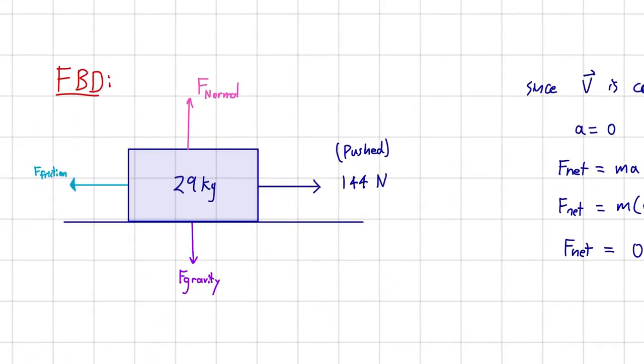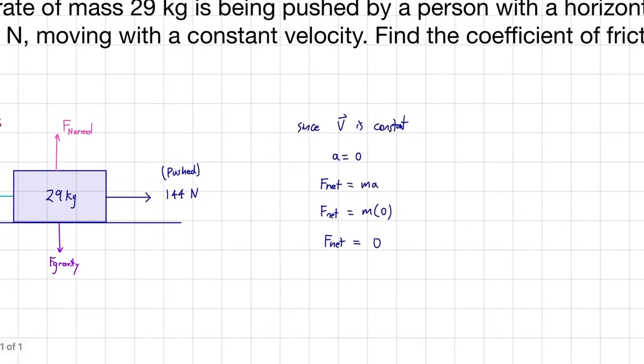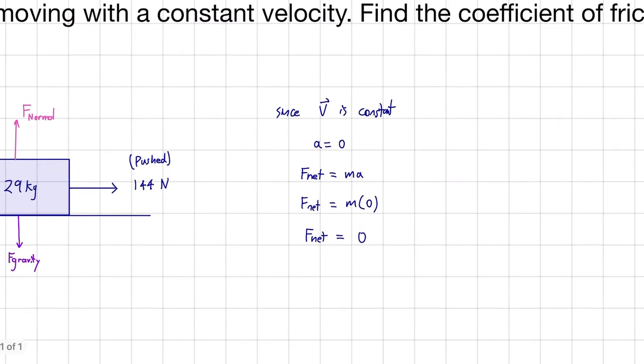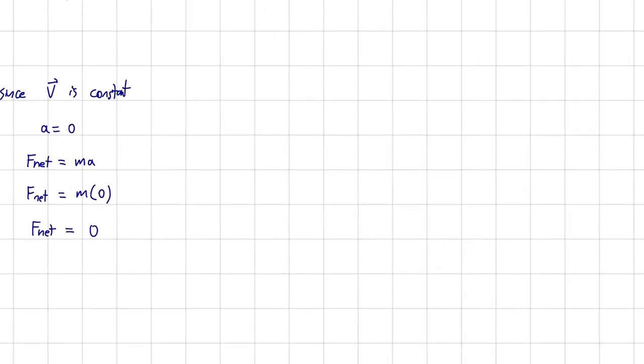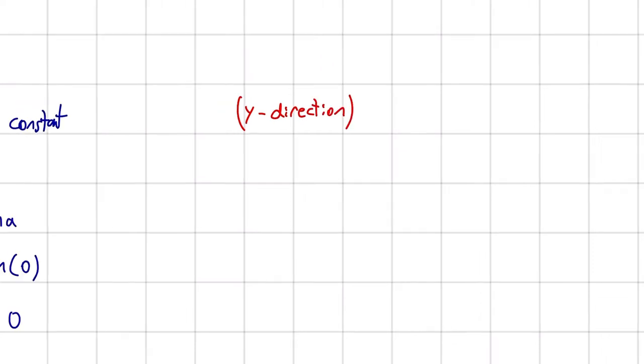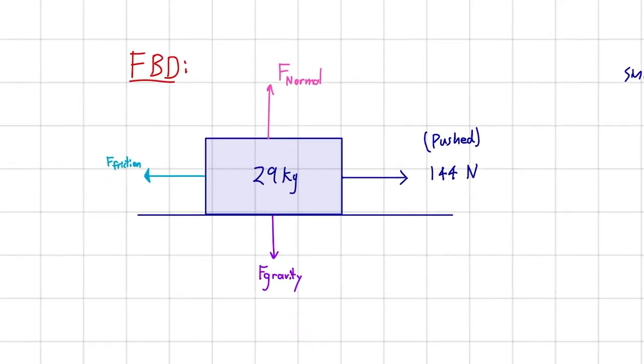Now, we're going to have to start calculating some values for these forces. So let's start off with the y-axis, the force of gravity and the normal force. This is going to be just in the y direction, and if I'm going to call it y direction, I better label my axes, y and x.